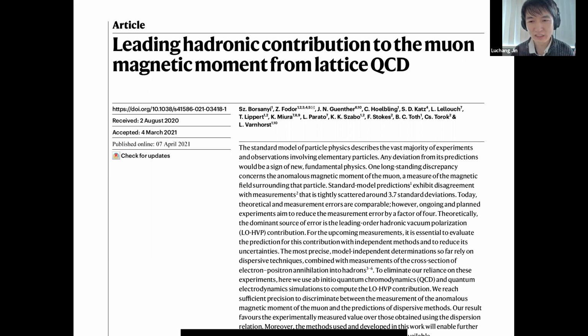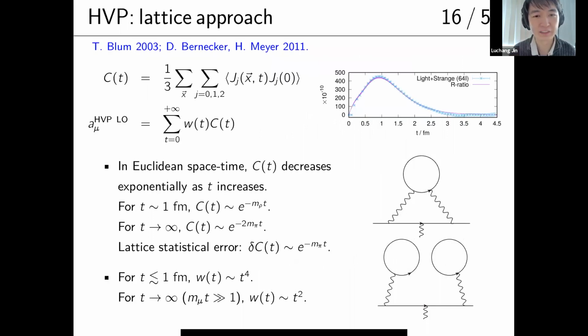So it has a roughly 2 sigma deviation from the previous dispersive analysis and 1 point something deviation with the full g-2 measurements. We'll see the comparison figure later.